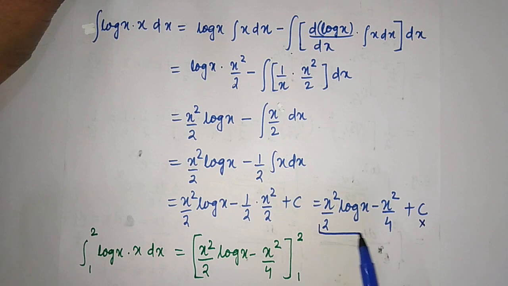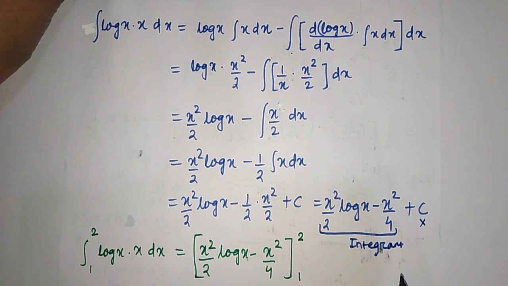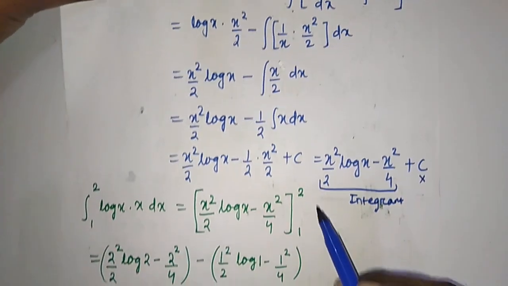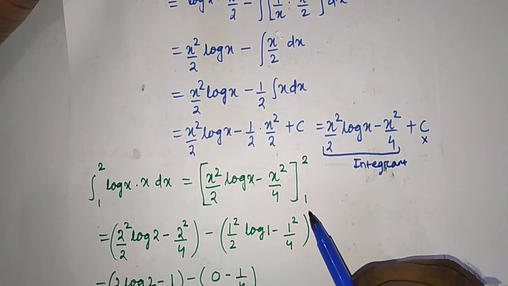This is the integrand we have got. So we will write this integrand and its upper limit and lower limit. After that, first we will put the upper limit, then we will put the lower limit.